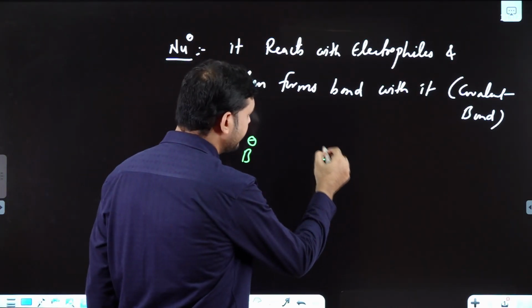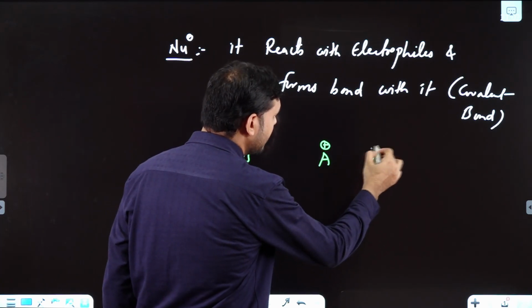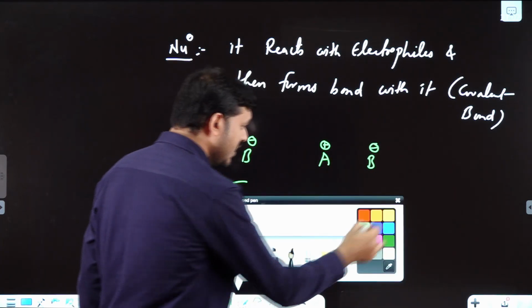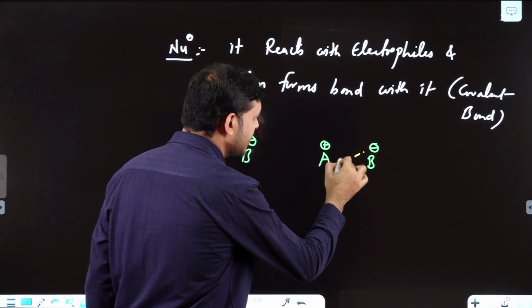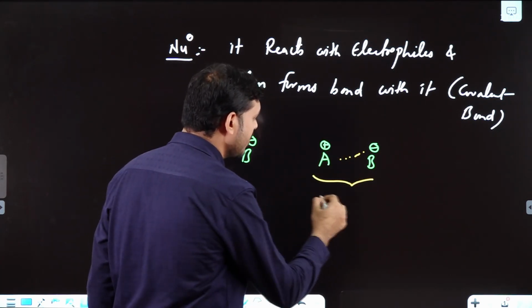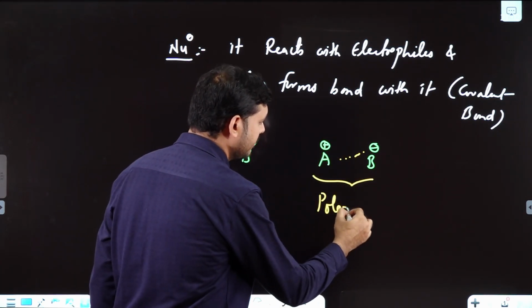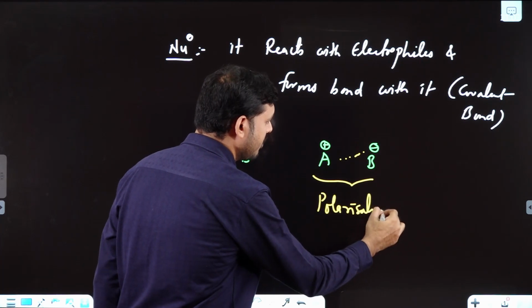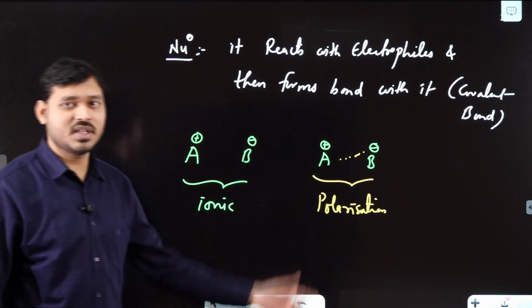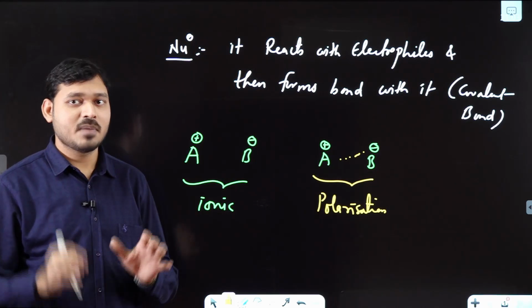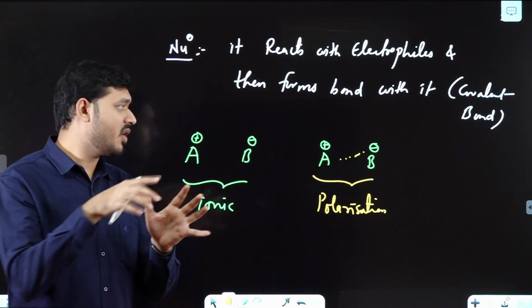Now suppose some of the charge is partially shared this side, this is your polarization between this cation and anion, partial sharing of electrons.